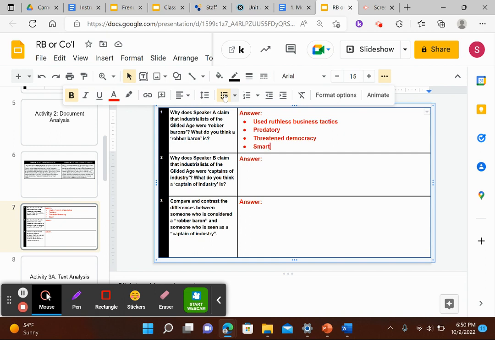They threatened democracy because, as we talked about in class, they contributed to campaigns. They were able to control some of our political leaders because if the political leaders didn't support big business, they were no longer going to be elected, since they would not have that support during their political campaigns. And again, they were smart. These were people who knew what they were doing and knew how to do it.